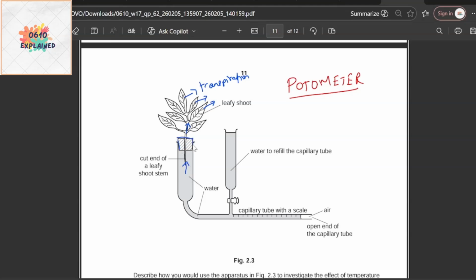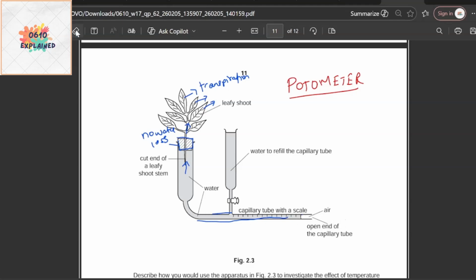Here you have put a rubber cork to assure that there is no water loss in this apparatus apart from the leaf. There is this capillary tube, which is filled with water.